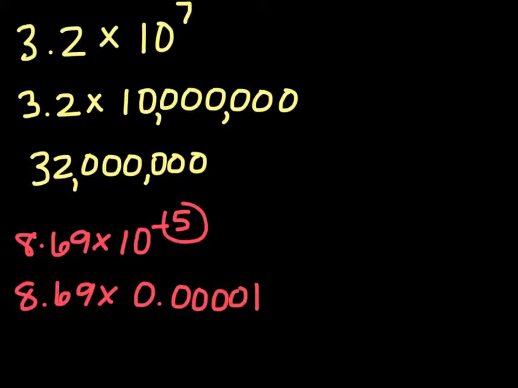Now convert this to standard form, which will require us to move our decimal point 5 places to the left. So our number will become 0.0000869. All right, there we go.